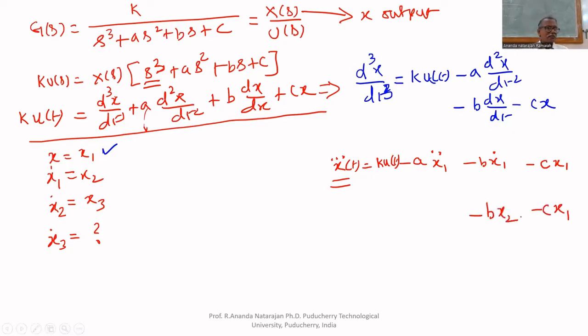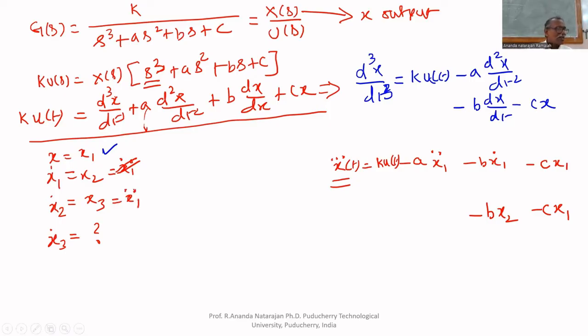Can I write like that? X1 double dot can be written as x2 dot, because x2 dot is x1 double dot. Am I correct or not?